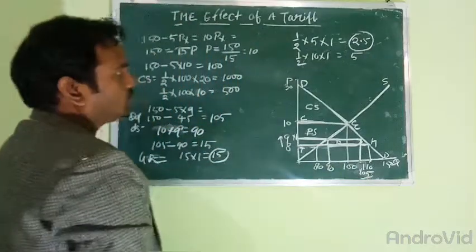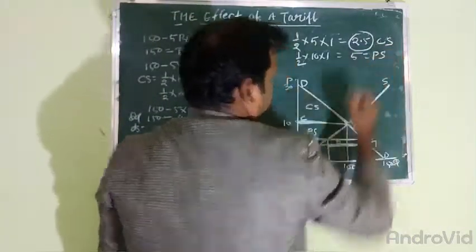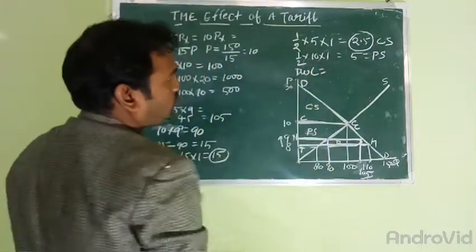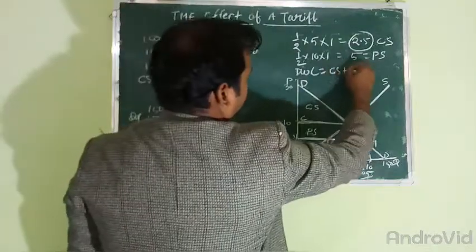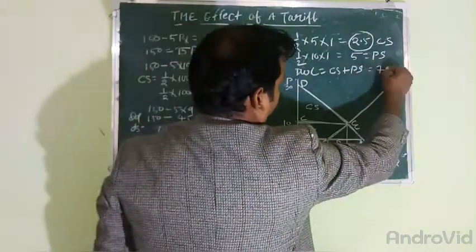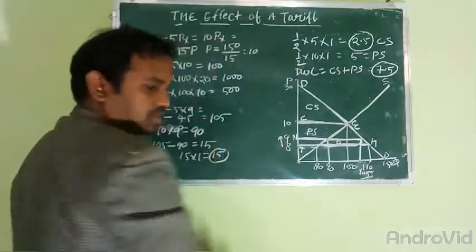So this is the consumer surplus loss, this is the producer surplus loss. So deadweight loss is equal to consumer surplus loss plus producer surplus loss, so it means 7.5. Deadweight loss is 7.5.